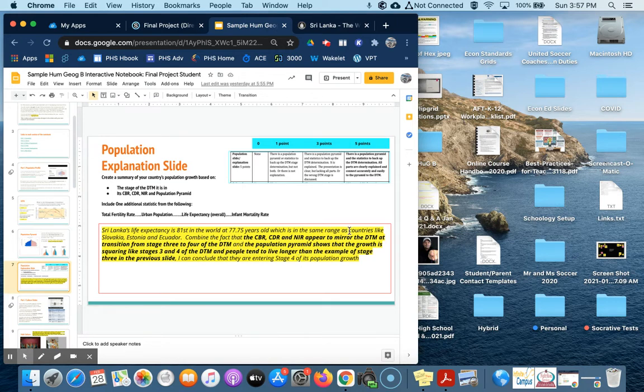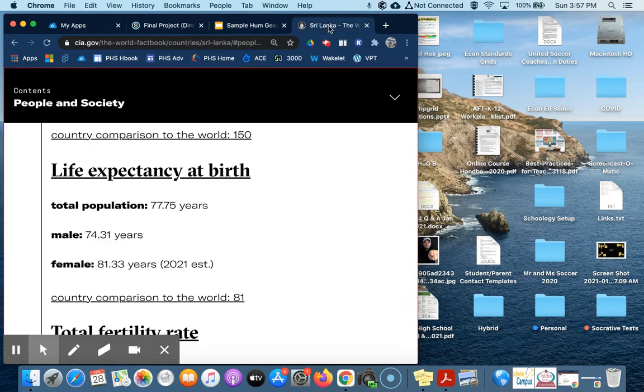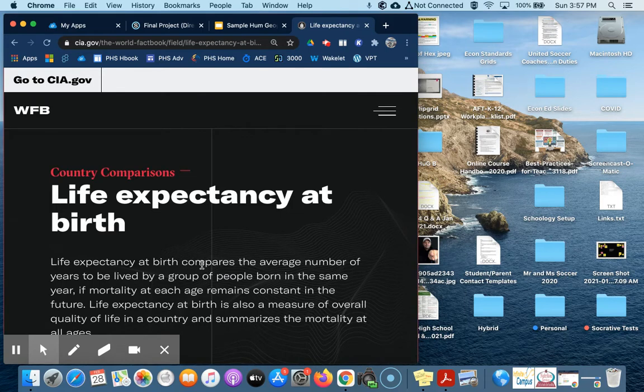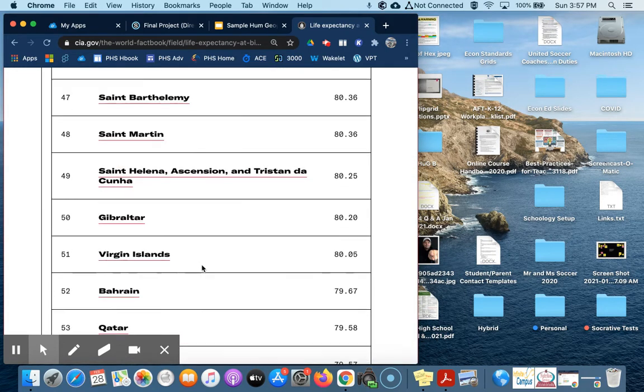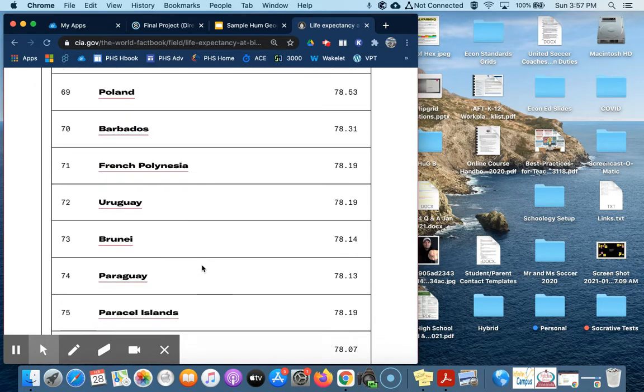Also in my explanation, I said this is the same range as countries like Slovakia, Estonia, and Ecuador. I pulled that little number from when I clicked on the country comparison, because when you do that, it shows you, you can go down, okay, my country is 81.